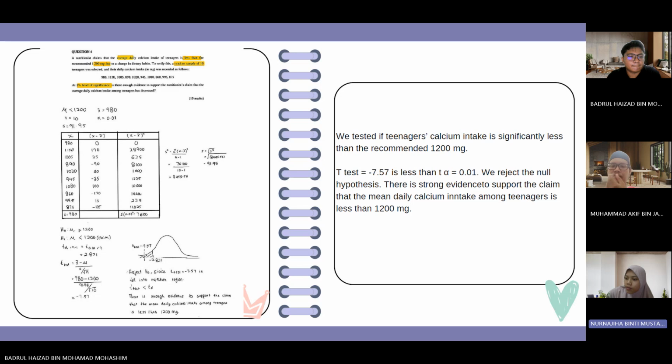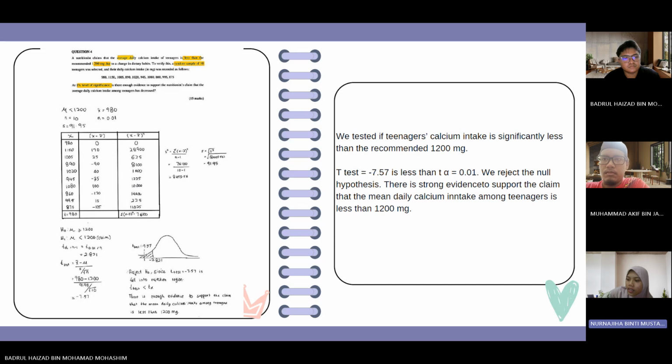From this, you can find the null hypothesis, H0: mu greater than or equal to 1,200, and H1: mu less than 1,200, which is the claim.